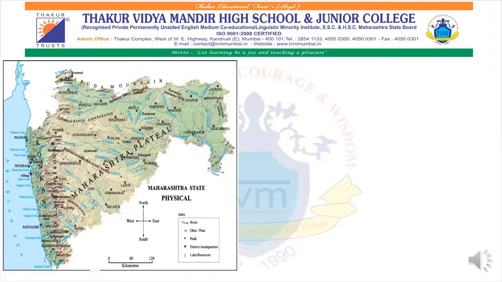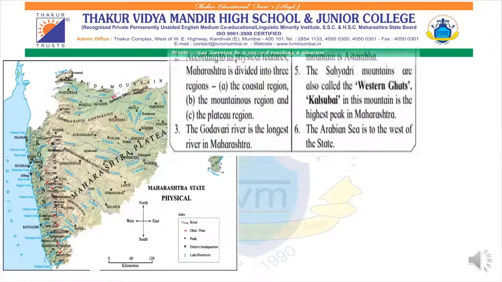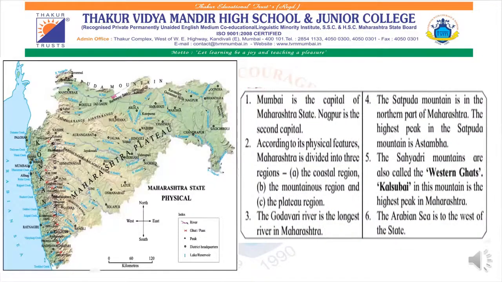That green part is called the mountainous region. And the third physical feature is the plateau region. The Maharashtra plateau covers the largest area.